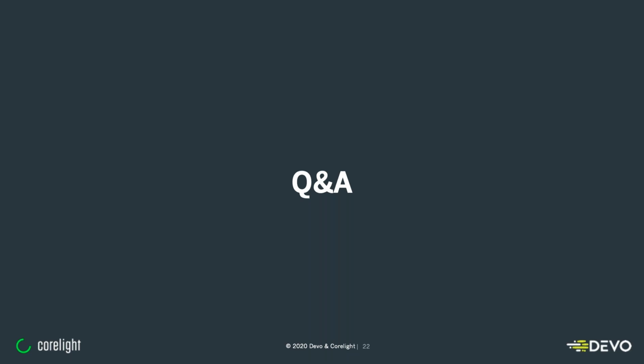Excellent. All right. Next question: how do Corelight sensors collect network traffic? Awesome. So with Corelight, our sensors are deployed out of band, so they're passive sensors. They can monitor on-prem traffic or cloud traffic.